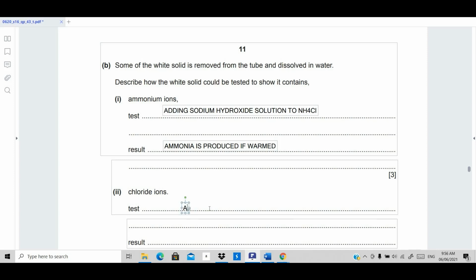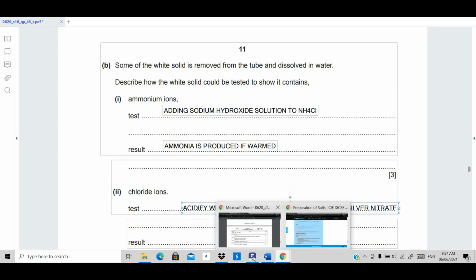So what we'll do: acidify with dilute nitric acid, and add aqueous silver nitrate. Now what will be the result for this?